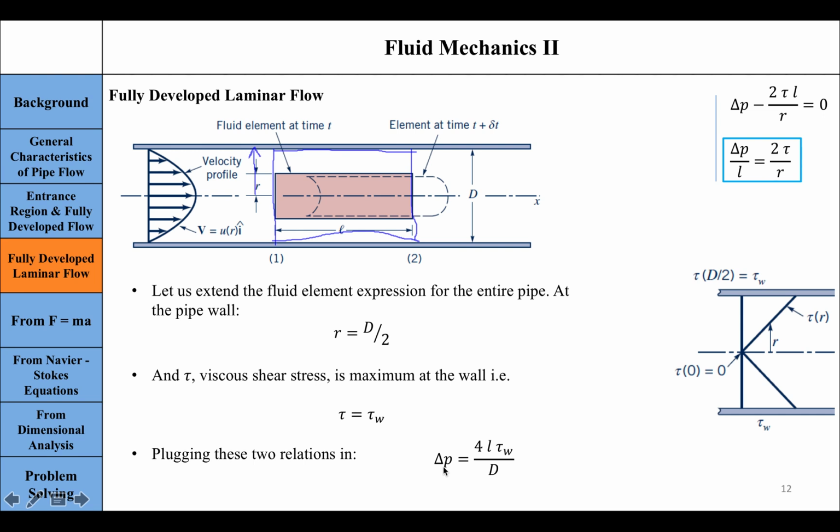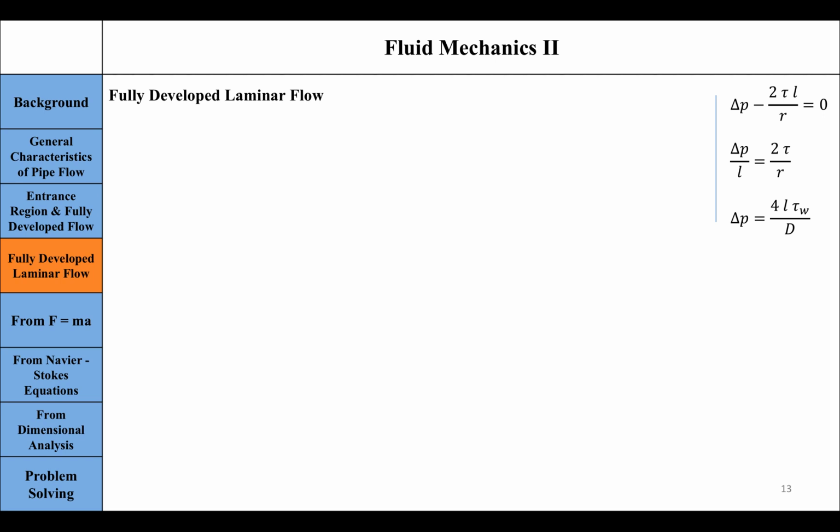And one thing to remember is that until now, these two equations and this third equation as well, these three equations are valid for both laminar and turbulent flows, because we haven't based our assumptions on the type of flow regime or its properties yet. But now we need to talk about laminar flow only, and especially for a Newtonian fluid, like I said.